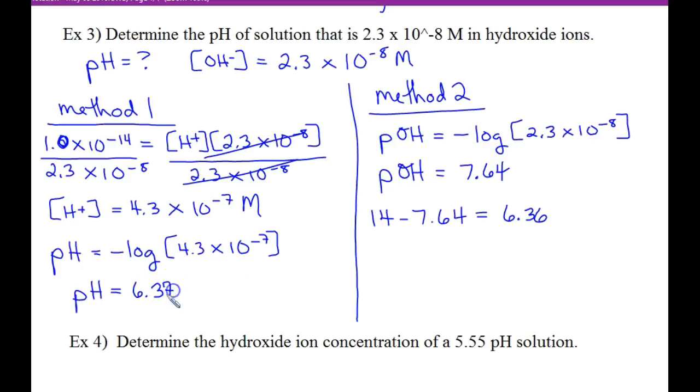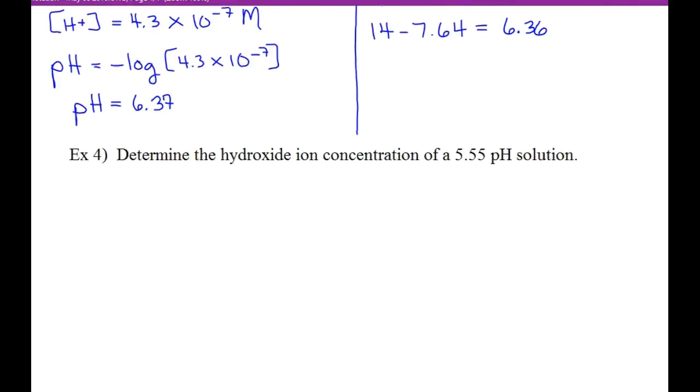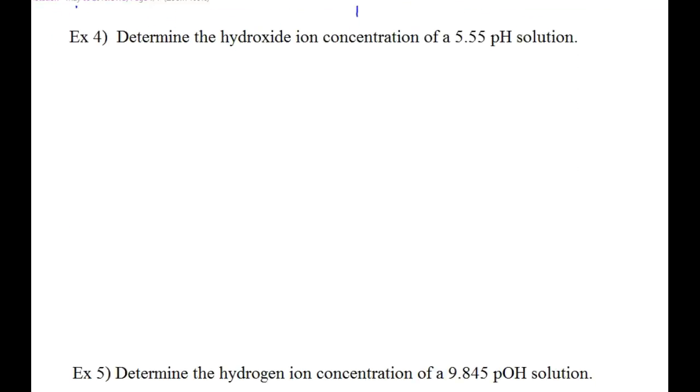Sorry, had a little mistake there. That one should have been 6.37, and this method gives you 6.36. Now on the test, I would realize that you get 2 different answers, albeit ever so slightly different depending on which method you chose to solve the problem, and I would give you credit for both of them. So we're going to move on to example 4.